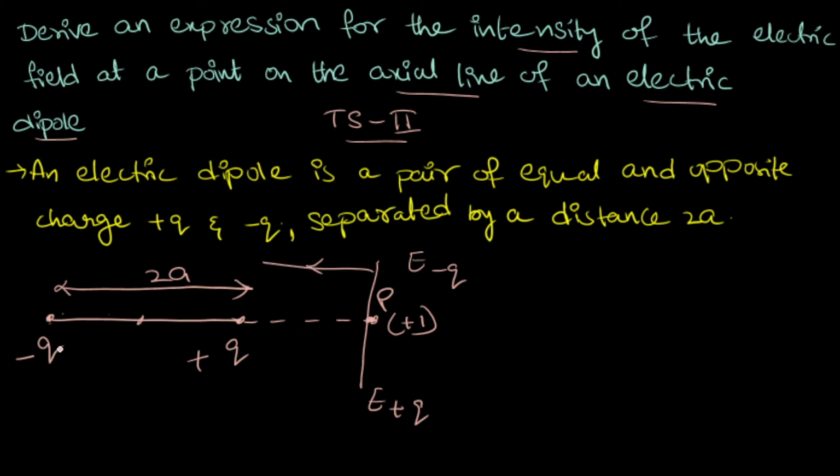The positive charge and the unit positive charge are like charges, therefore there will be a repulsive force between them. I am placing this unit positive charge at a distance of r from the center of the dipole.